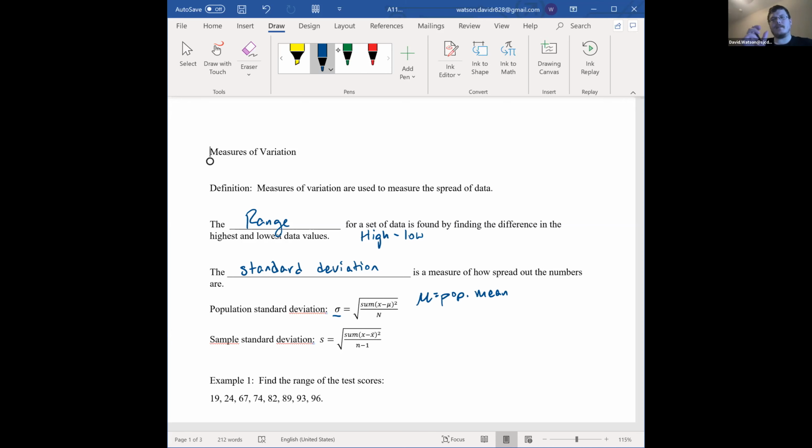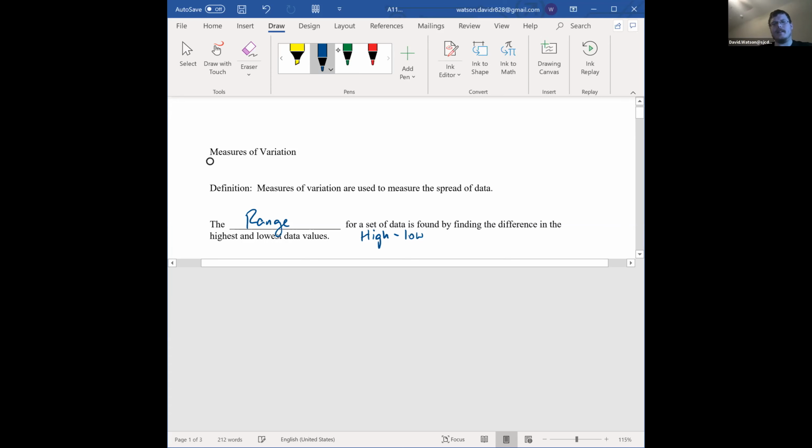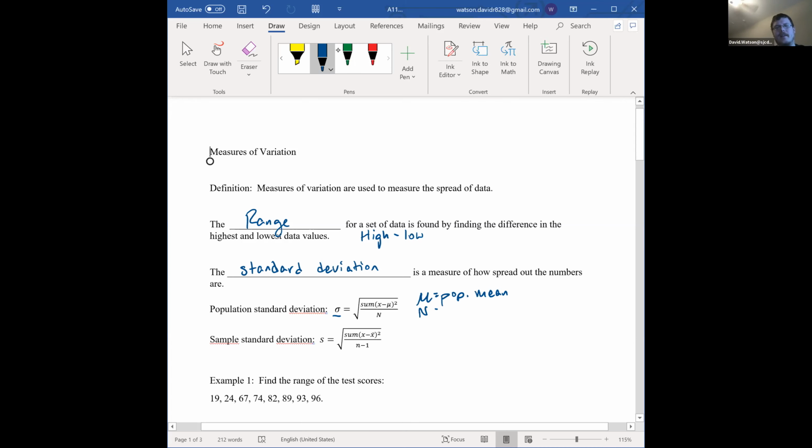So you take the difference between the data value and the mean, you square it, you do that for each data value you have, and add them all up. N, that big N down there, is the number of data values you have. And then you take the square root of all of that. We'll see that in a little bit.